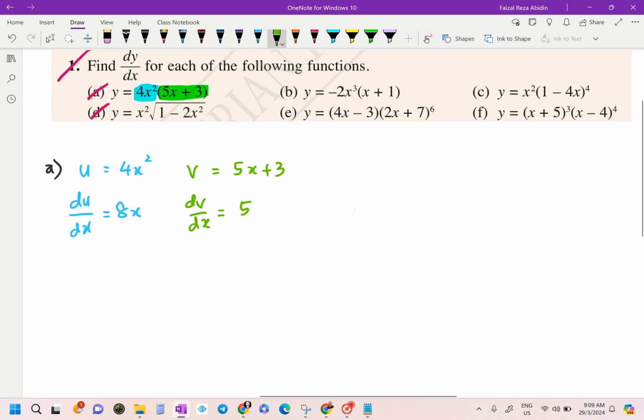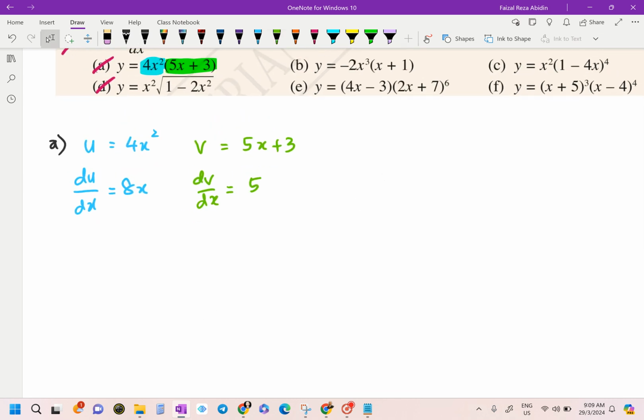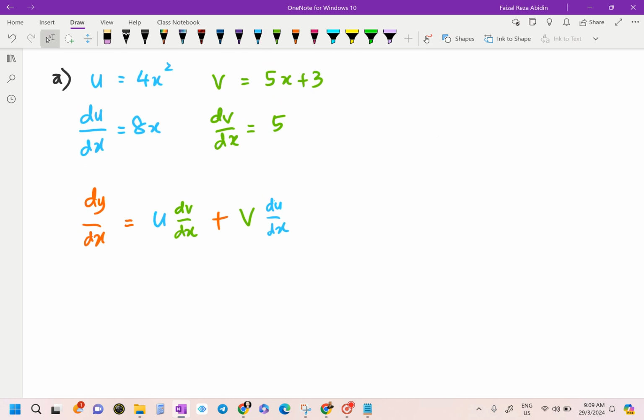Next, because you are going to find dy over dx, we are going to do u dv over dx plus v du over dx. So next we are going to substitute.